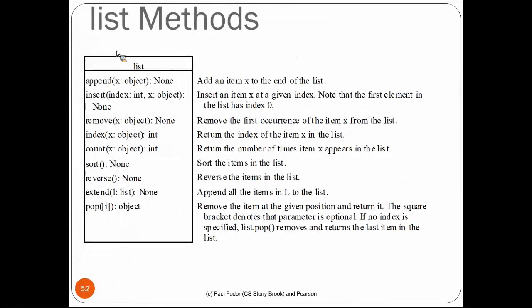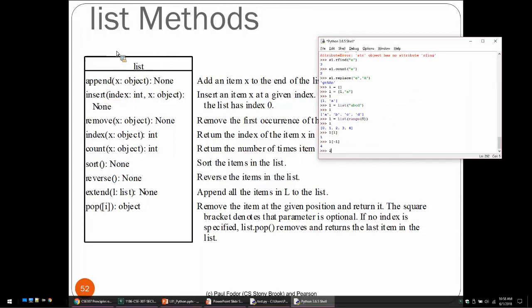Also, we can append lists using either plus or the append method. So we can do L.append of another list, let's say 5 and 6. Now the list L has these new elements added at the end of the list. Append only adds one element to the list.